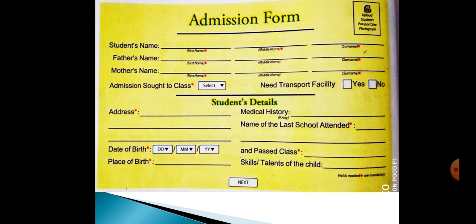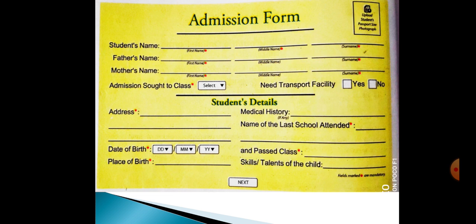You select, click on the select button, and then you show the standard. Click your standard accurately. Then, need transport facility.